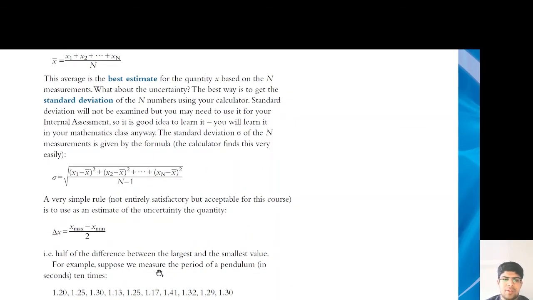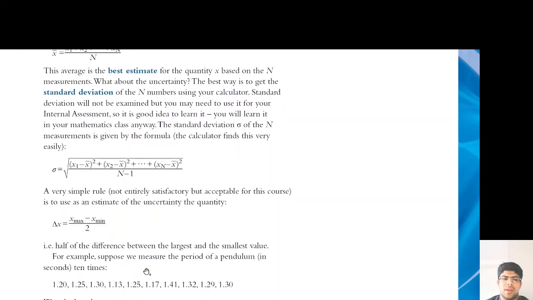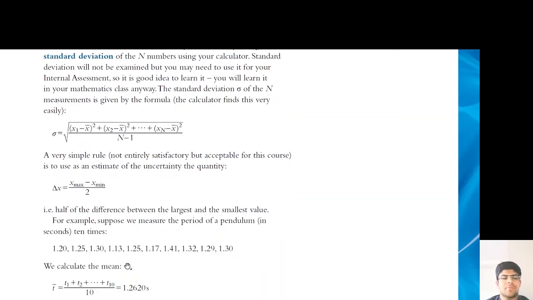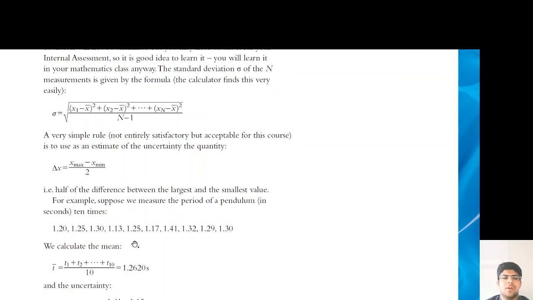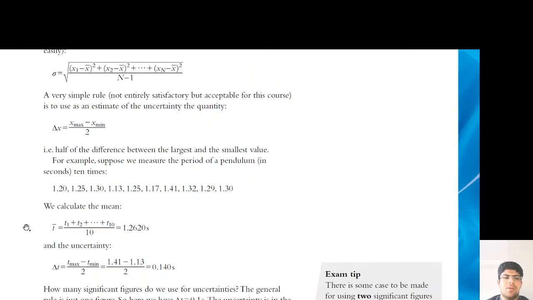For example, suppose we measure the period of a pendulum in seconds 10 times: 1.20, 1.25, 1.30, 1.13, 1.25, 1.17, 1.14, 1.32, 1.29, 1.30. We calculate the mean: t bar equals t1 plus t2 plus ... plus t10 over 10, since the total number is 10.